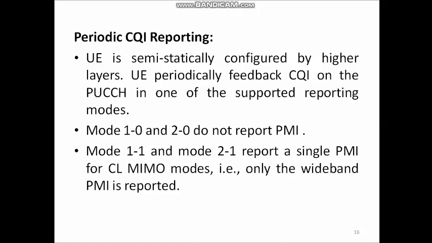Modes 10 and 20 do not report precoding matrix indicator PMI. They are used for open loop MIMO modes and single antenna port transmission. And modes 11 and 21 report a single PMI for closed loop MIMO modes, that is only the wideband PMI is reported here.